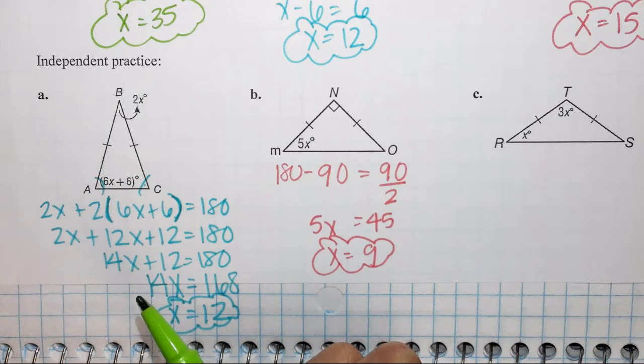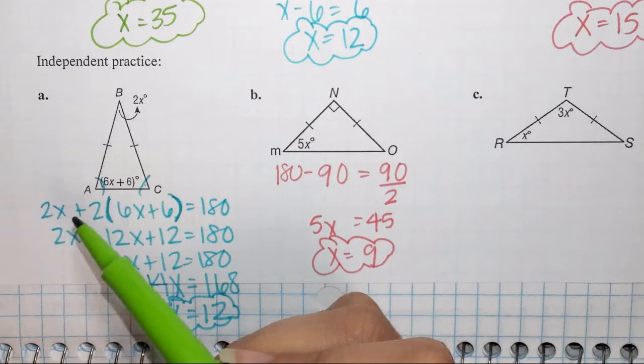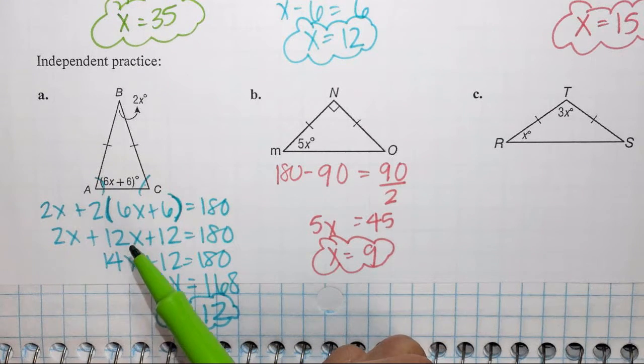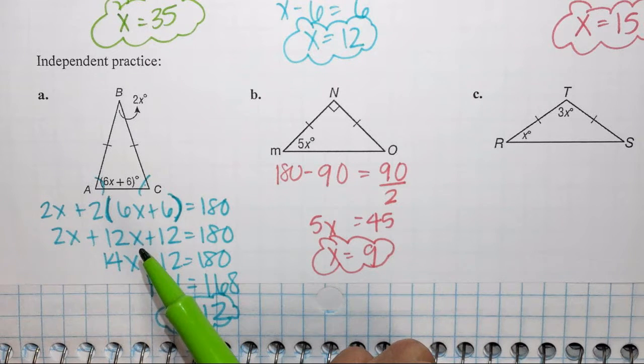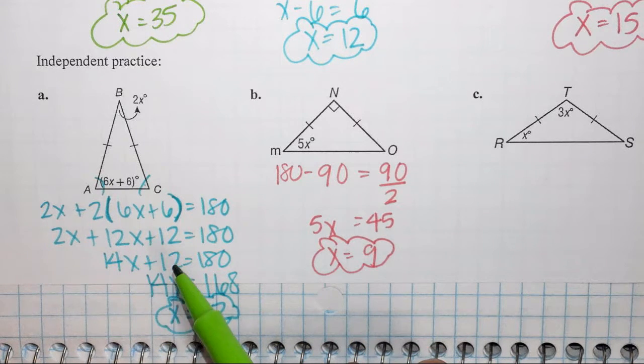Jeremiah, are you with me? Okay. So we said 2x plus 2 times 6x plus 6 equals 180. Where did I get this 12x plus 12 from? I multiplied. Look at you go. Take a point. And then I combined those, and I got 14x plus 12. What did I do next?